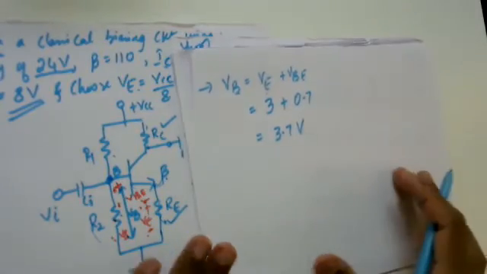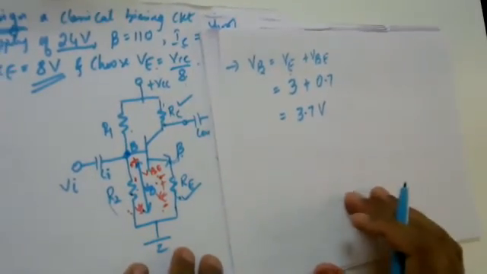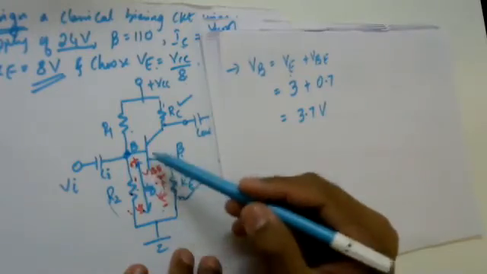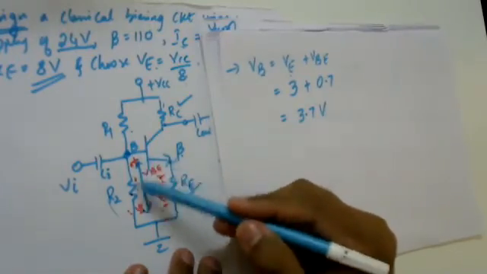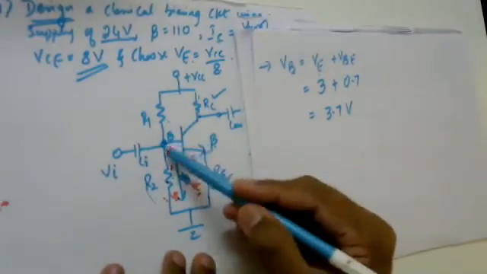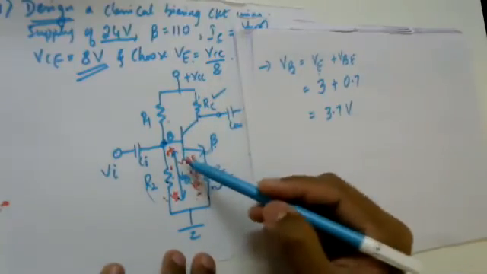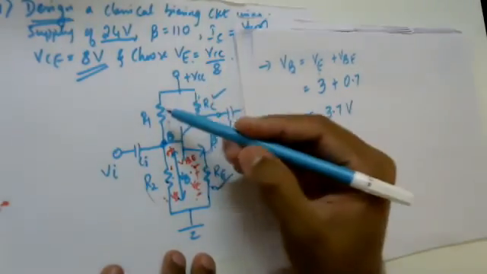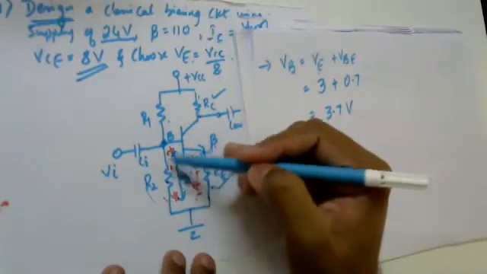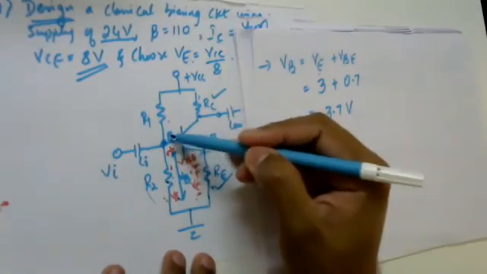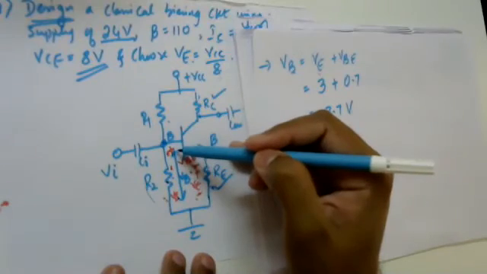Now in yesterday's session we discussed that if this biasing element has to be made independent of VBE, I hope you remember my interaction, then in that case I have to choose the value of current flowing through this branch much greater than that of IB.